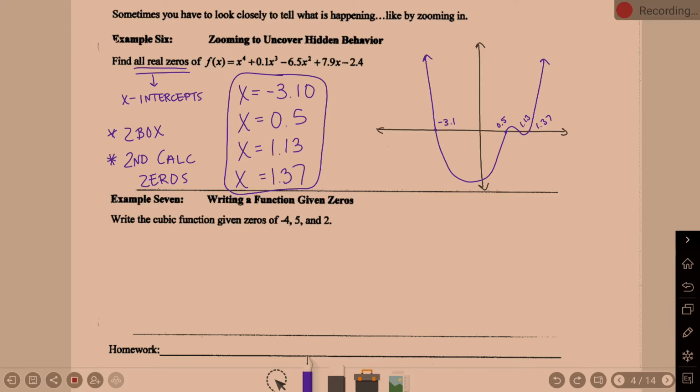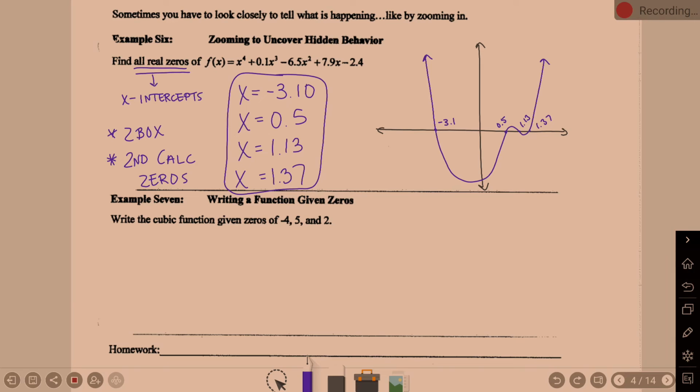So let's look at example 7. Writing a function given zeros. So directions ask us to write the cubic function given zeros of -4, 5, and 2. Thoughts of how to do this?